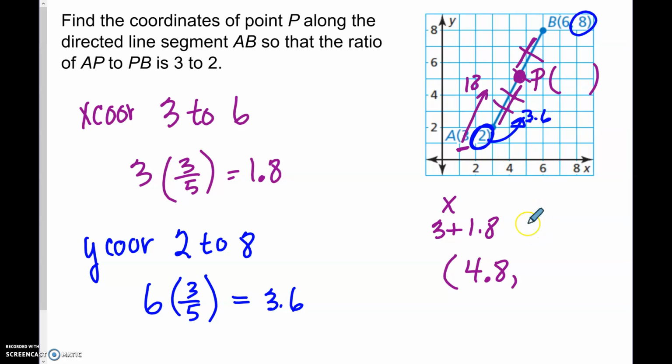I start at my 2 and add 3.6, and so this is going to be 5.6. So that point P has x of 4.8, which makes sense between 3 and 6, and between 2 and 8, it's going to be 5.6.